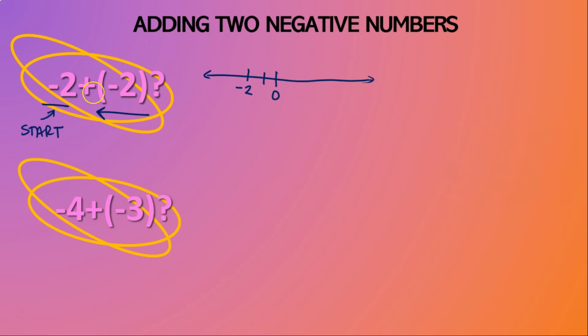And then because we're going to be adding minus 2 positions, we're going to be moving to the left. How many positions? 2. So that means 1, 2. And it's going to be minus 4. That means that whenever we have minus 2 and we add negative 2 positions, we're going to end up in minus 4. And that is going to be your answer.